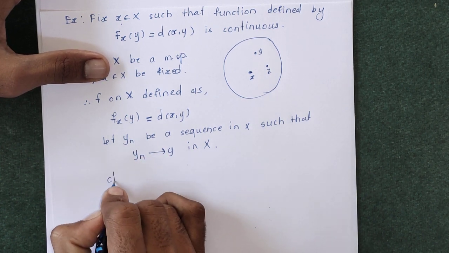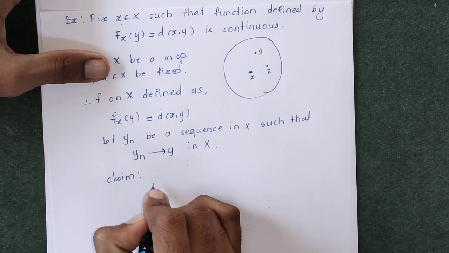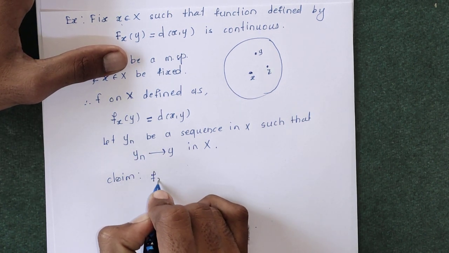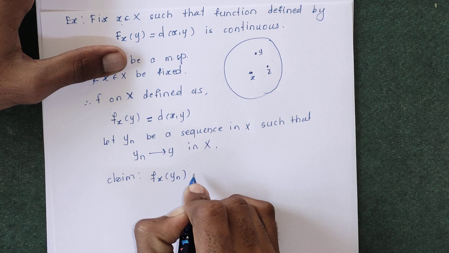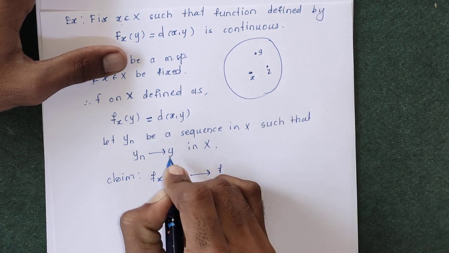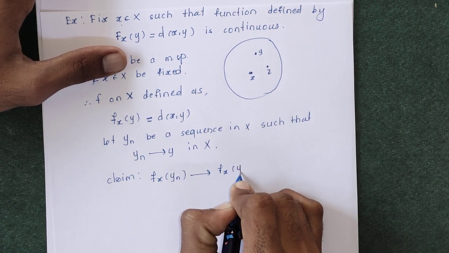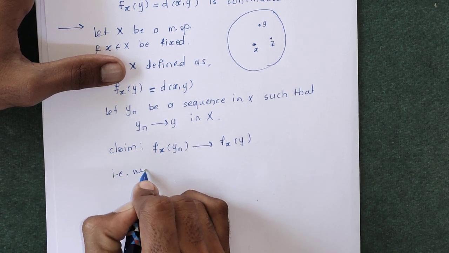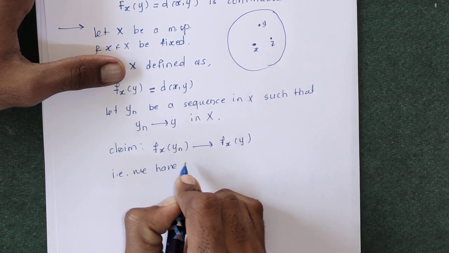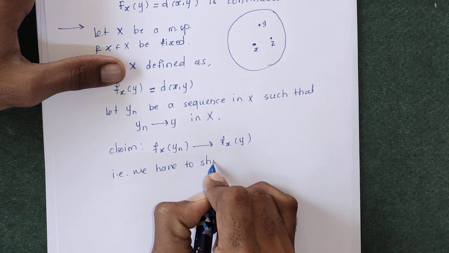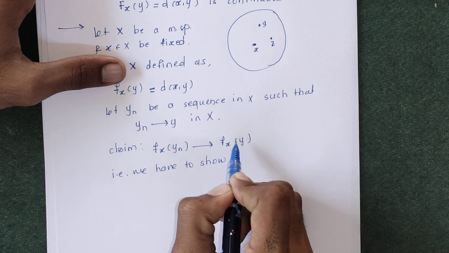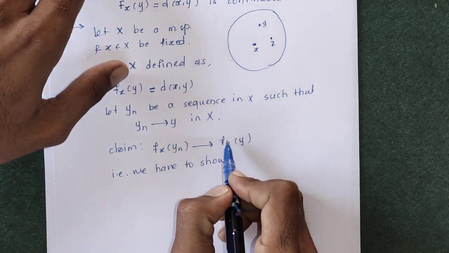So our claim is that f_x(y_n) converges to f_x(y). That is, we have to show that the distance between these two elements in the codomain is less than epsilon, or very small.